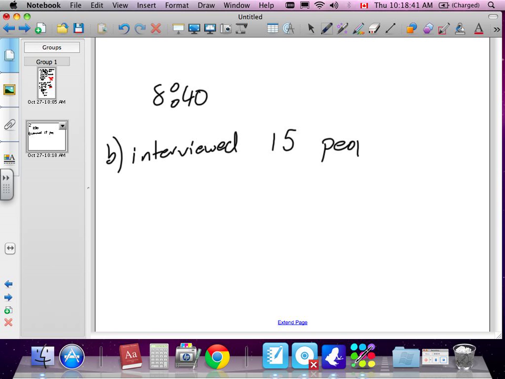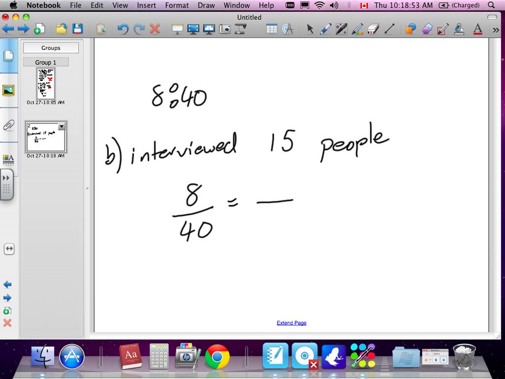So I'm going to set this up as a fraction again. We have 8 people of the 40 said they owned cars. My fraction on the other side, where will the 15 go? Will it be on the top or will it be on the bottom of the fraction? Bottom. It's the amount of people interviewed.